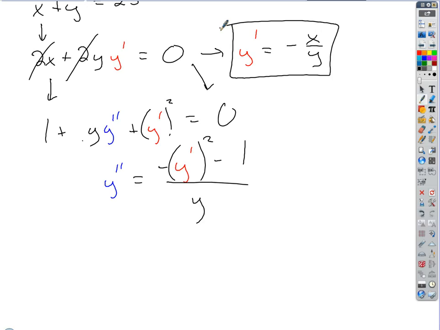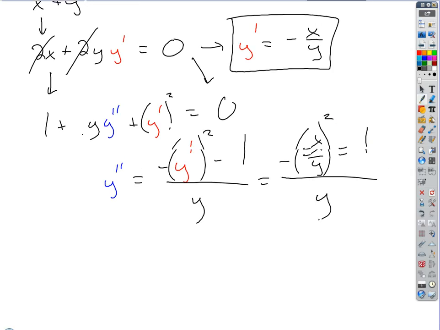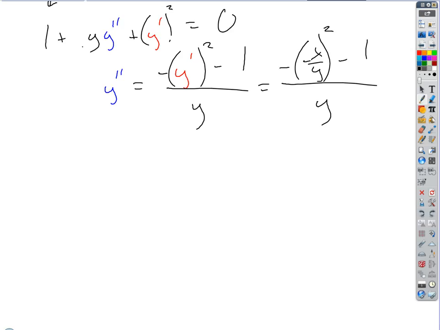But if we're explicitly told, as you will be, to write your answer in terms of x and y, what would I do? You would substitute it in. So we'd end up with negative the quantity negative x over y squared minus 1, over y, right? And if we simplify, that's x squared over y squared.